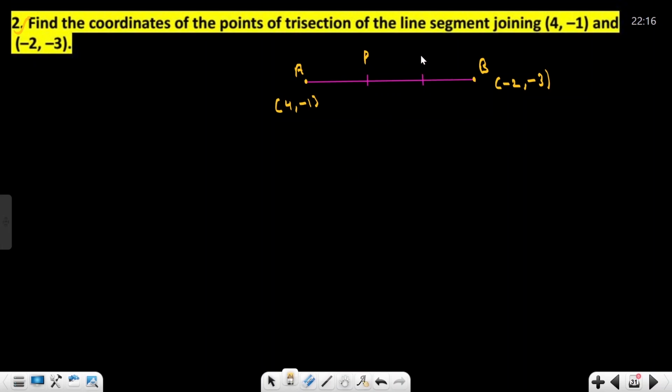One point is P, the second point is Q. Trisection means equal 3 parts. We divide this line into 3 equal parts. It's one part, and one part. All distances or lengths are equal.